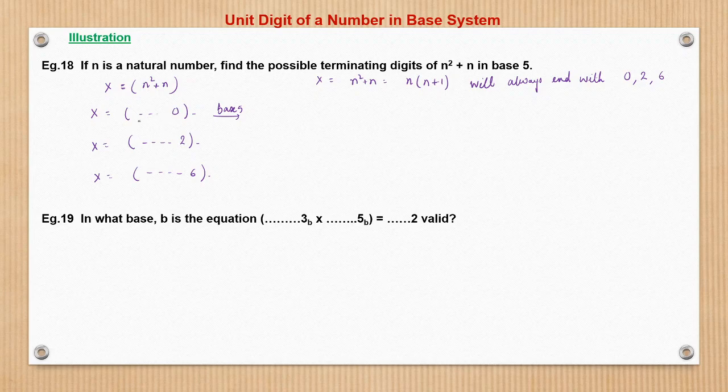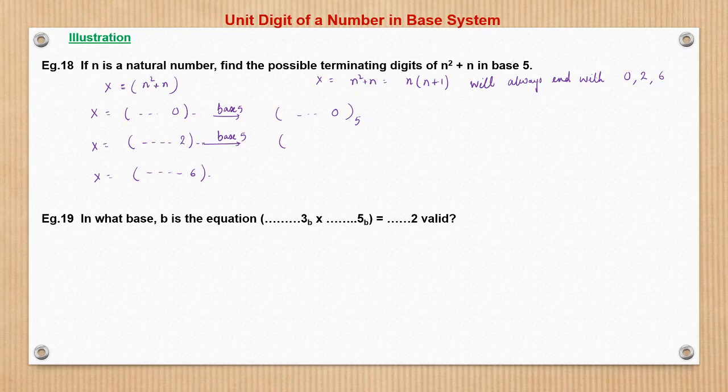That we divide this number by 5, right? When we divide the number by 5, the remainder gives the unit digit, as we have seen in the concept. Since it ends with 0, the remainder would be 0 only. So this will also end with 0 in base 5. Now in the case ending with 2, the remainder would be 2.